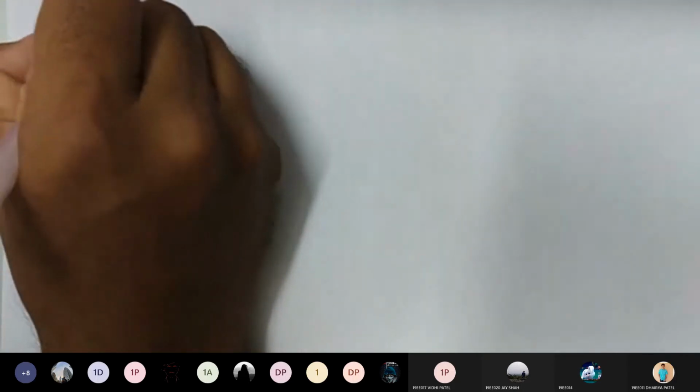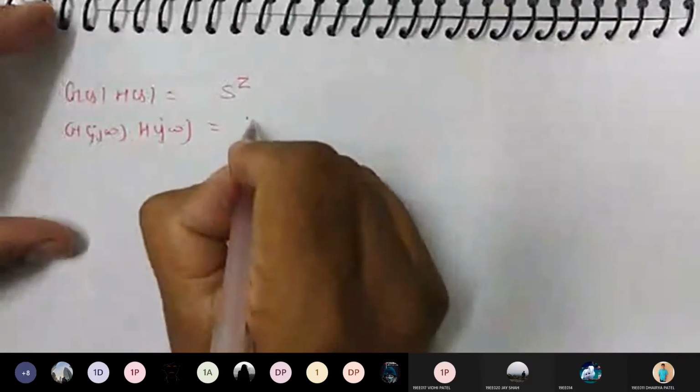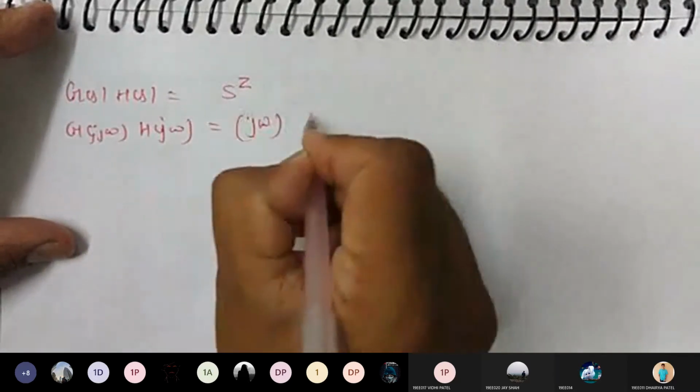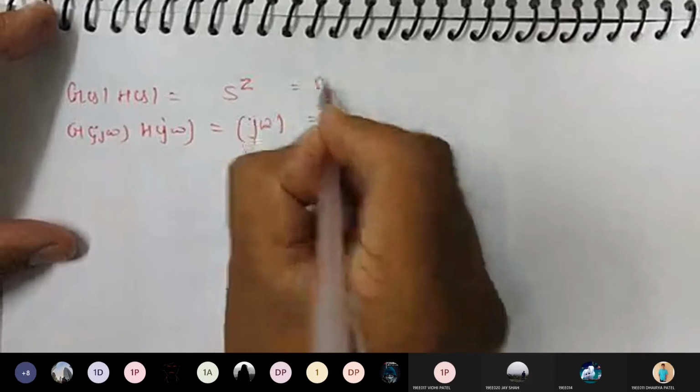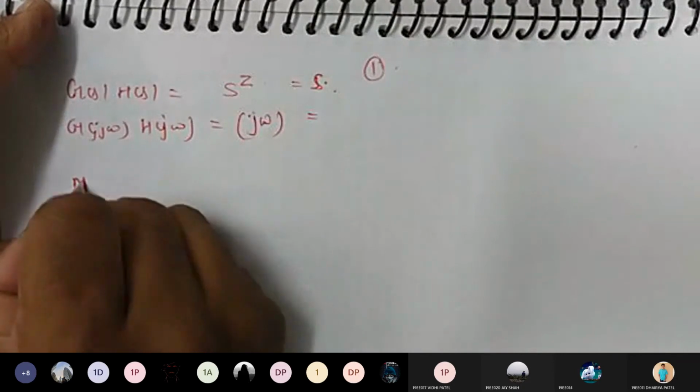So it will be g of j omega into h of j omega is equal to g of j omega. I am taking s only for 1 zero only. Then I will find out the magnitude.